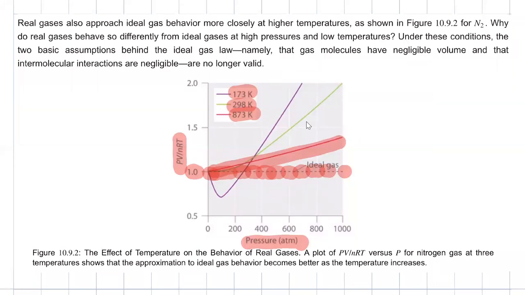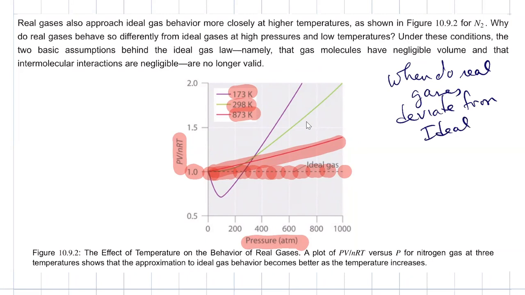Okay? So when do real gases deviate from ideal behavior? What are the two, where do they deviate? Well, for pressures, it would be under high pressure.